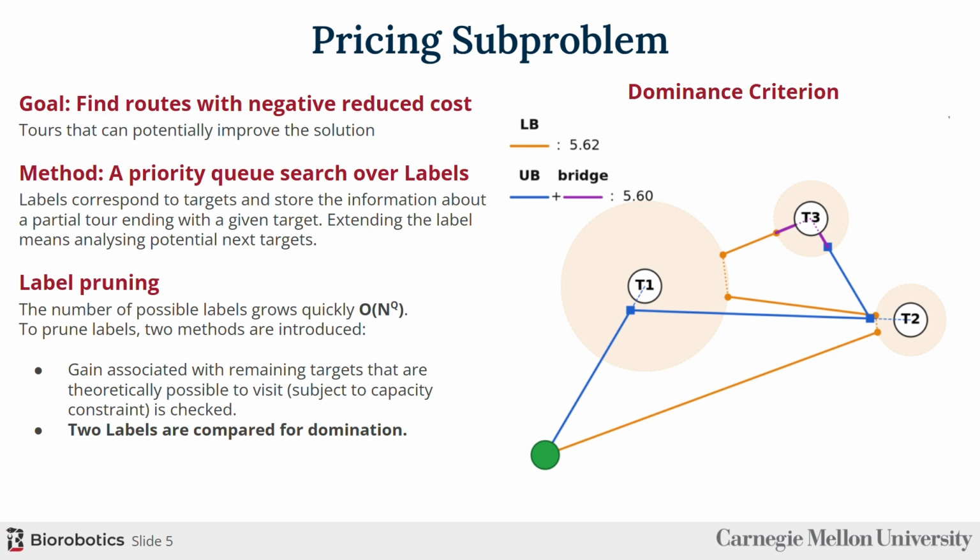We use two rules. The first is a completion bound. From a given label, count the best prices that the remaining capacity could possibly collect, and if even that optimistic estimate can't reach negative reduced cost, discard the label. The second is dominance. On the right, this is the harder one.